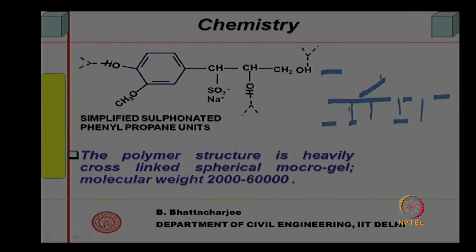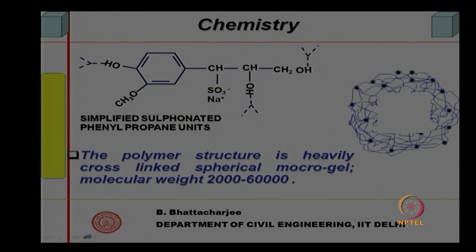So, the polymer structure is heavily cross linked, and they actually form a spherical microgel like this. These are the active microgel groups, and you can see they are all cross linked in a 3D structure.